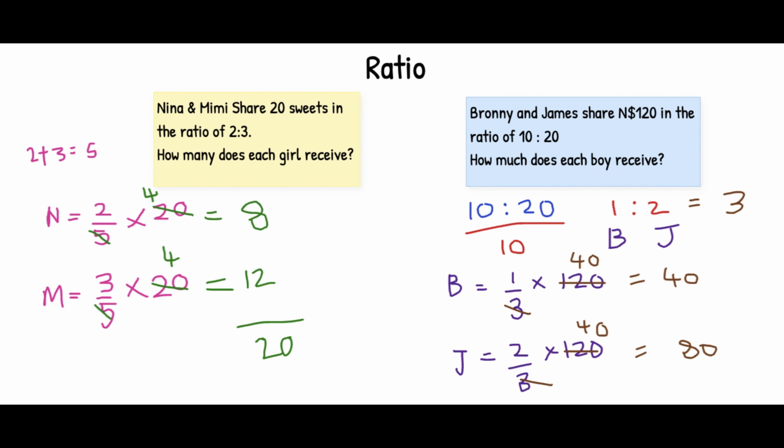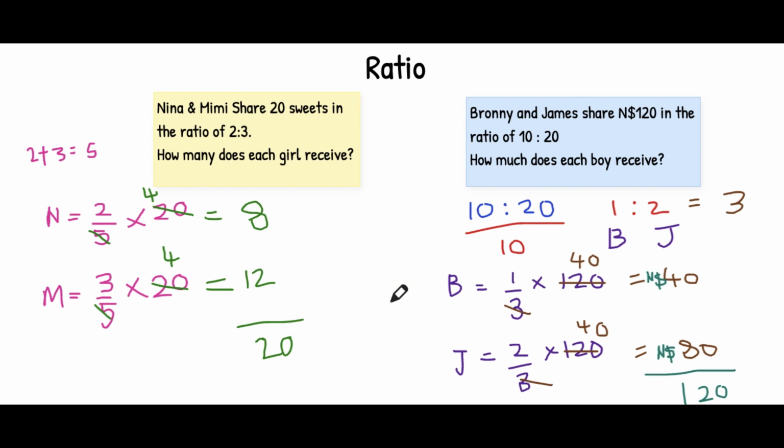And one thing, always remember your signs, your SI units. So this is what? Namibian dollars. It's very important because if you don't, we don't know. Is it 40 biscuits? Is it 40 Simba chips? You have to always be accurate. And to test if our answer is correct, 40 plus 80 gives us 120. And there we have it.